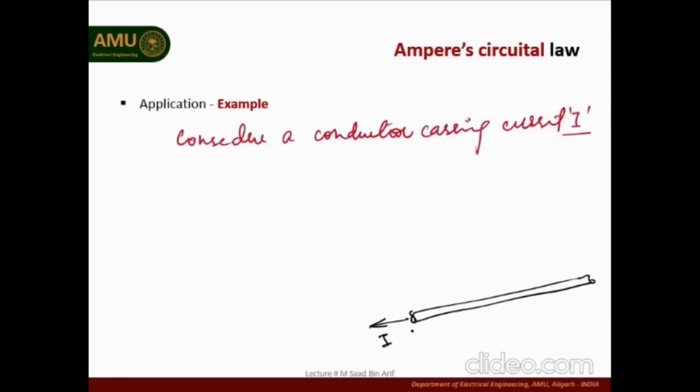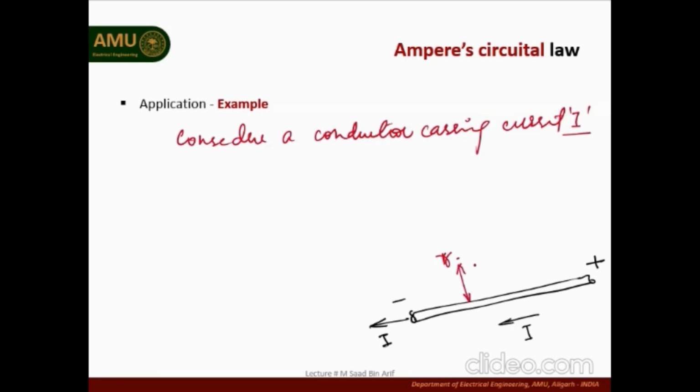It means this part is positive and this part is negative. Current is flowing from positive to negative. Now what we want is to calculate the strength of the magnetic field at a distance r from the wire. Let us consider distance r over here, this distance r from the wire.